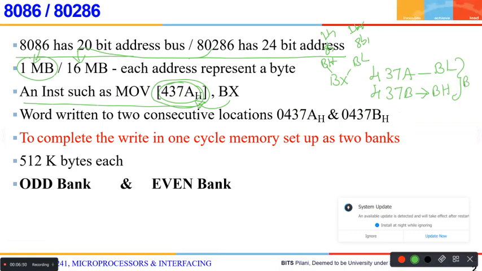Totally it is BX. Whenever you write 16-bit data into memory, it is written in two locations. At a time, it cannot write in one location of the memory because memory is byte addressable.